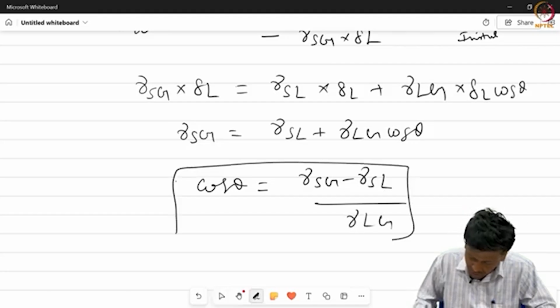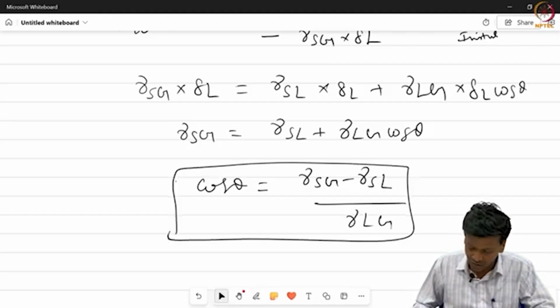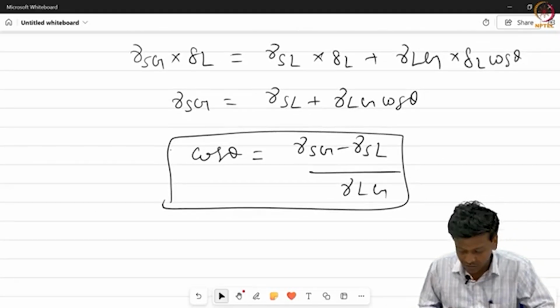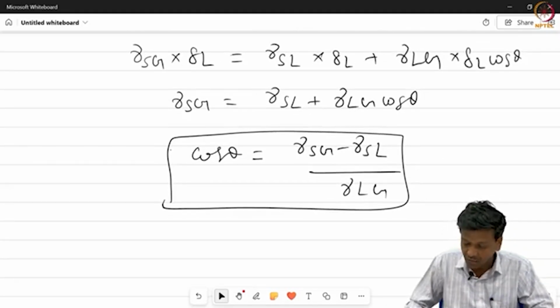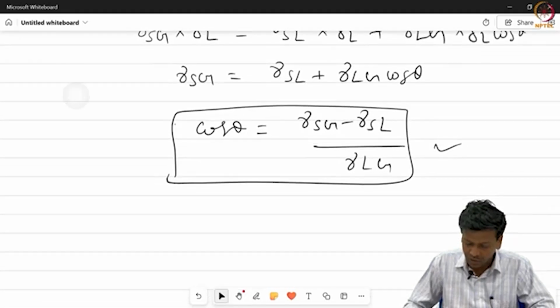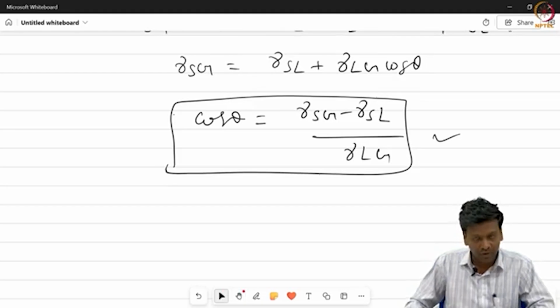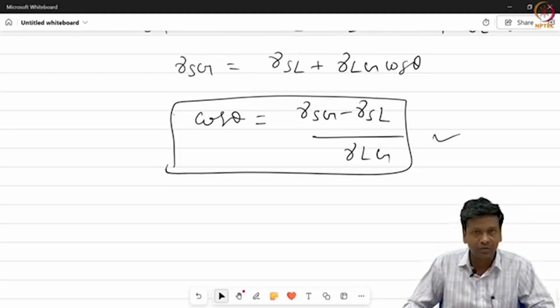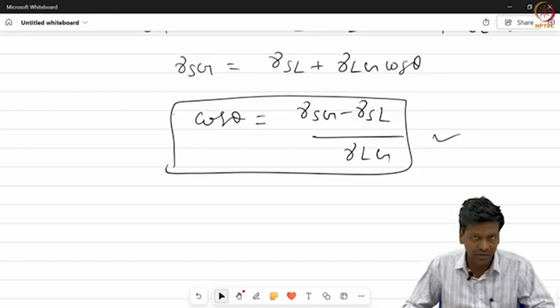So you can also alternately prove that Young's equation is cos theta equal to gamma Sg minus gamma SL by gamma Lg. Based on this equation, we will also try to solve a tutorial exercise in this lecture itself.